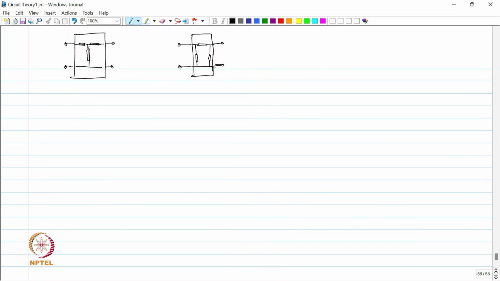Their 2-port parameters are the same, and therefore, I can replace one with the other with no effect on the outside. From outside I do not know which is which, but when I open it I see one is star, the other is delta, then they are equivalent to each other. Are we clear on this point? So, in that case what does that mean?